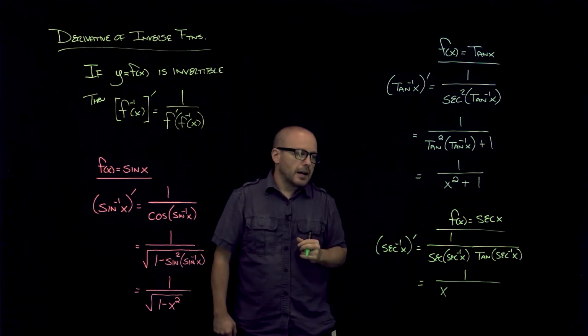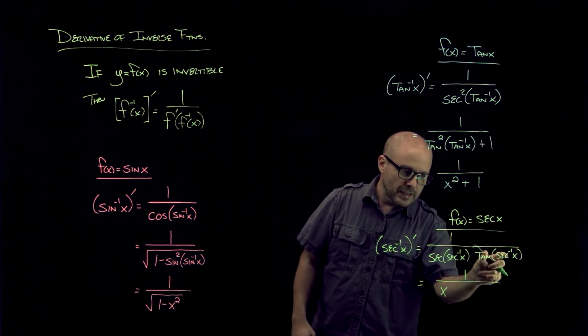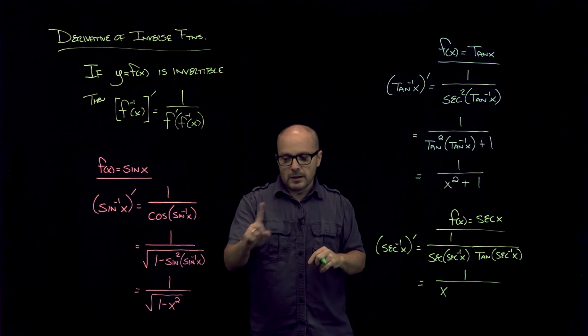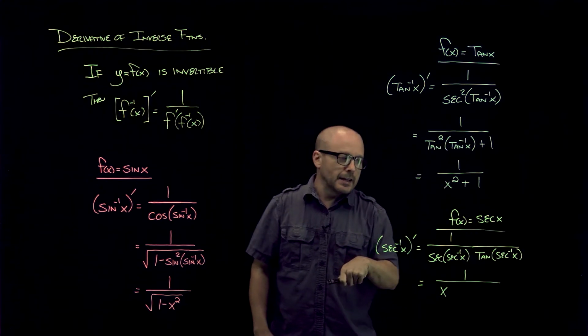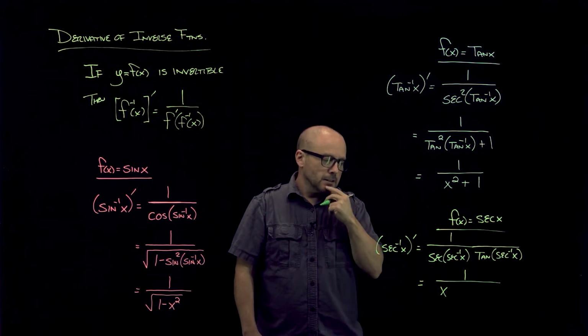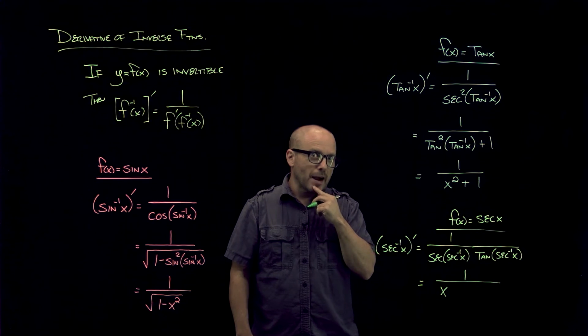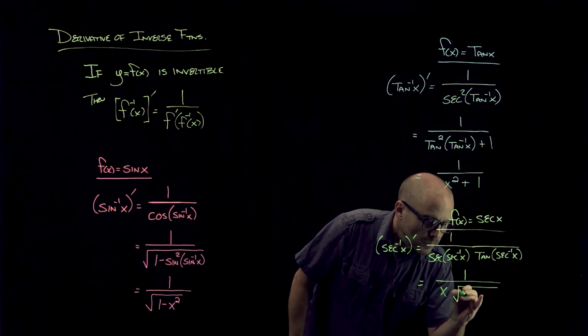And then I need to do the same thing I did before. I want these guys to cancel, so I need to use a trig identity that's going to require square rooting. I'm going to use the same Pythagorean identity. Tangent squared plus 1 is secant squared. So tangent is plus or minus the square root of secant squared minus 1.